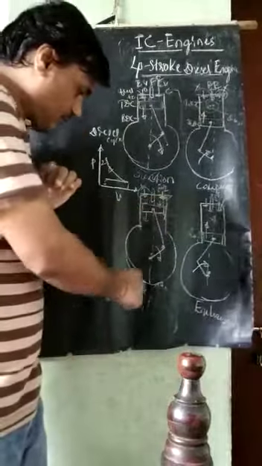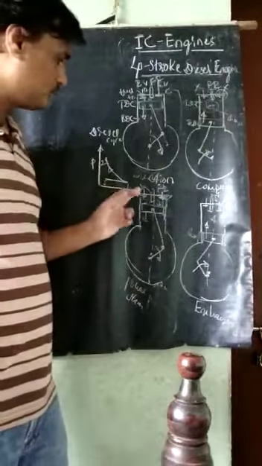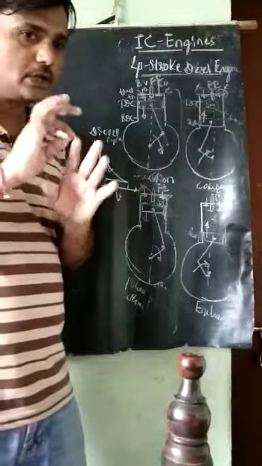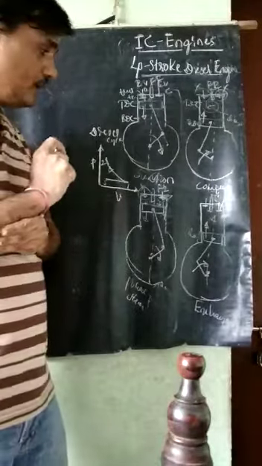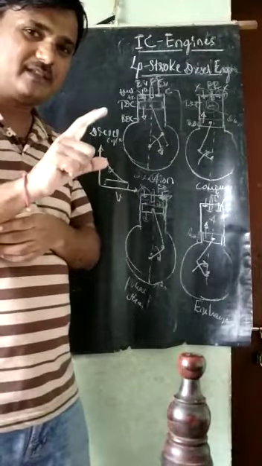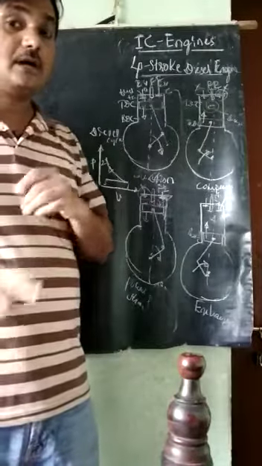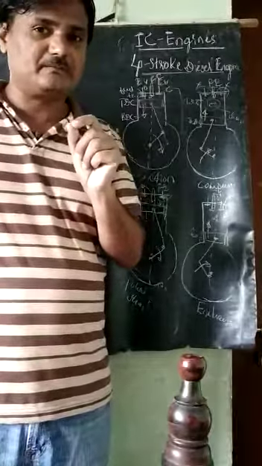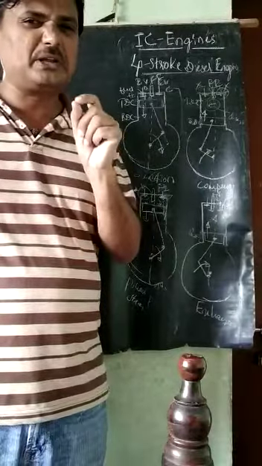After this compression stroke, next comes the power stroke. In this power stroke, once again the inlet valve and outlet valve are both closed. So what is happening here? In the case of the petrol engine, a spark is there. Here there is no spark, because the air itself has sufficient self-ignition, meaning it has sufficient pressure and temperature to ignite.